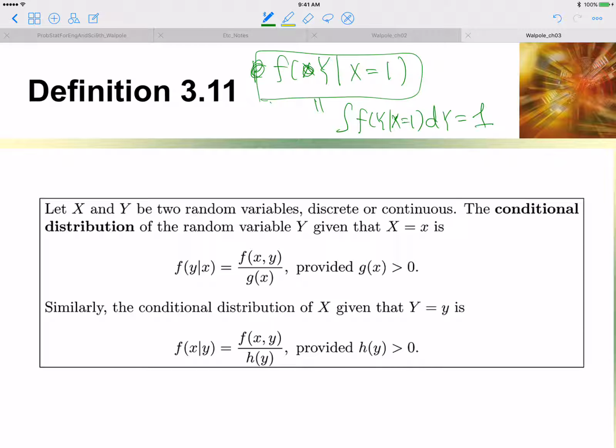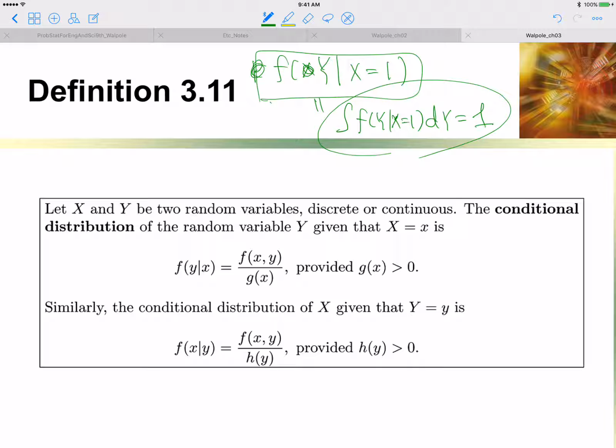But in order to call that a probability distribution, we have to normalize it. So we have to make the area under this mountain always equal to 1. We have to normalize this function in a way that this guy is 1.